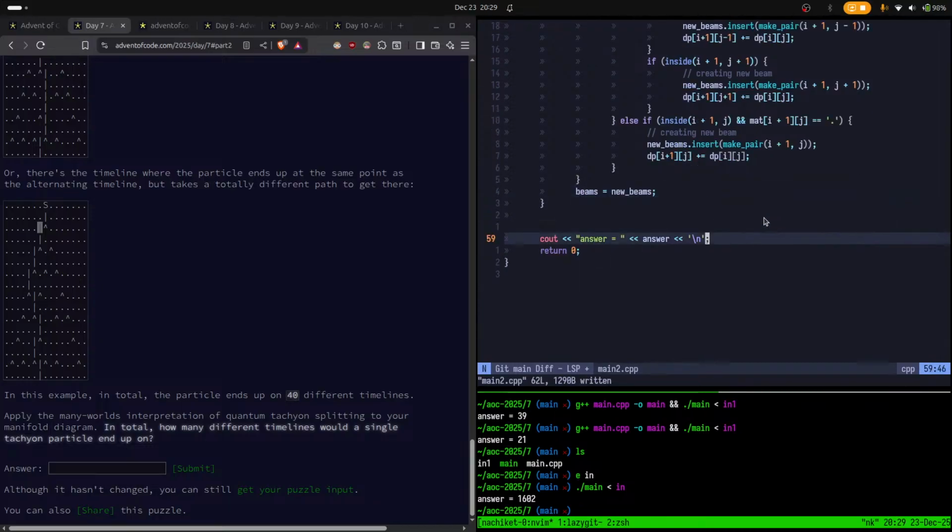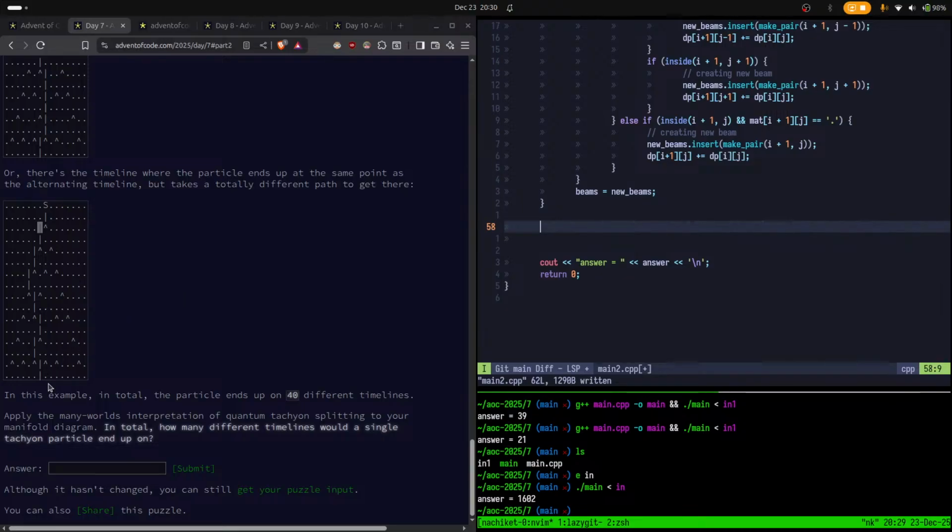Now let's first print out how many different ways there are to reach the last row of the grid.